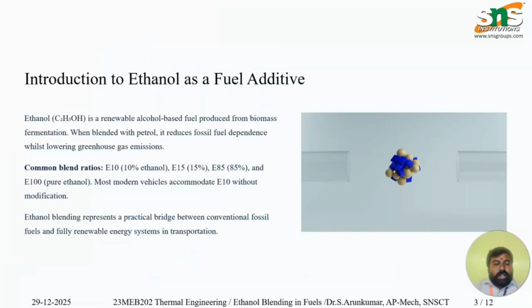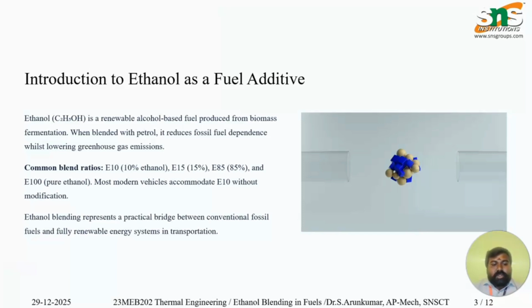Ethanol, with the chemical formula C2H5OH, is a renewable alcohol-based fuel produced from biomass fermentation. When blended with petrol, it reduces fossil fuel dependence while lowering greenhouse gas emissions.